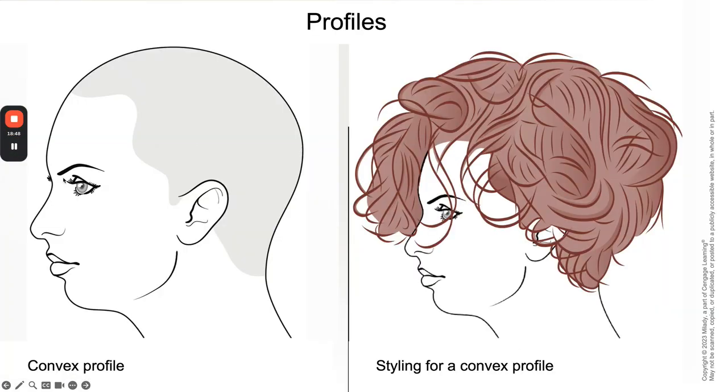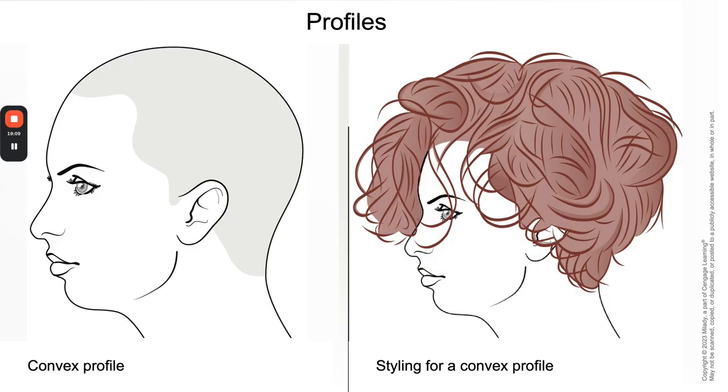I'm going to go to the next profile, which is our convex profile. So you can see here how this is a little bit different than the straight, okay? So for your convex profile, they have a receding forehead and chin that can be complemented with an arrangement of curls or bangs over the forehead.